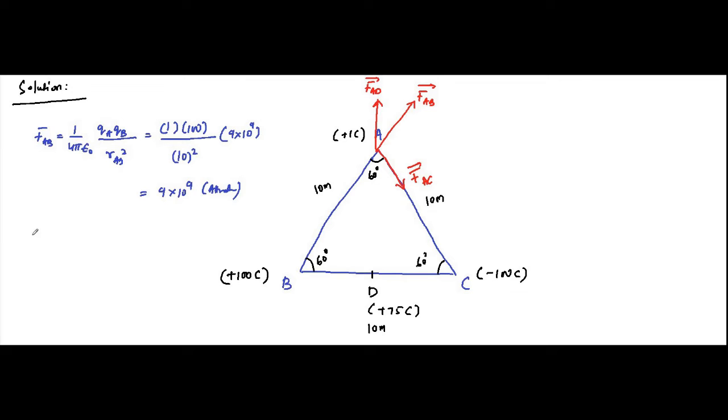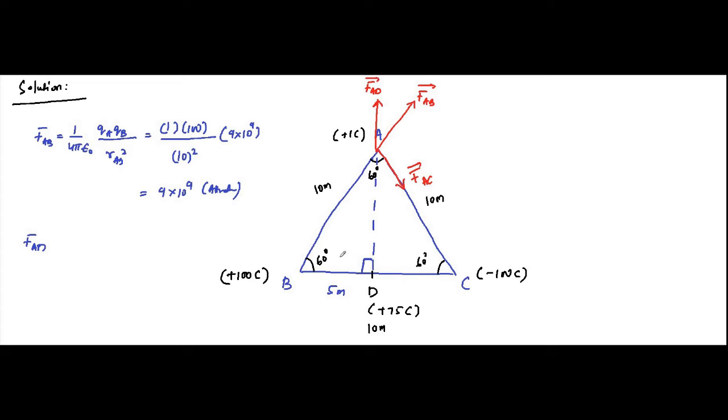Then is FAD. For that we have to determine this length AD. D is the midpoint, so this one will be 5 meter. This is a right angle triangle, this will be 90 degree.